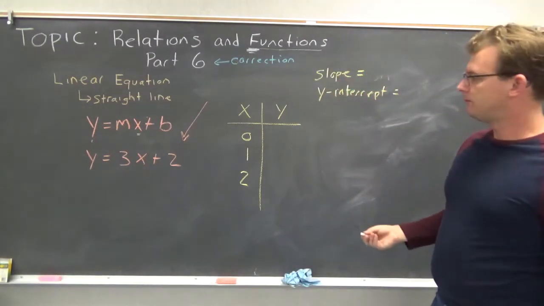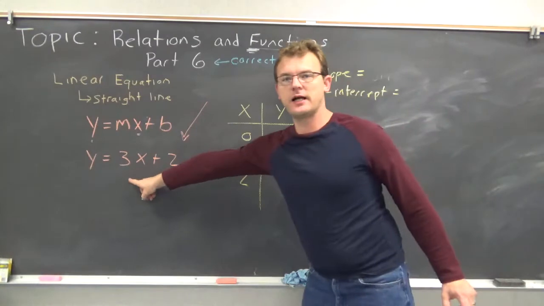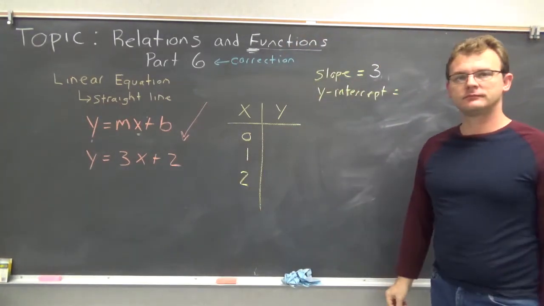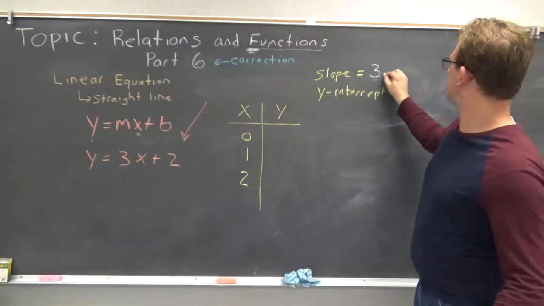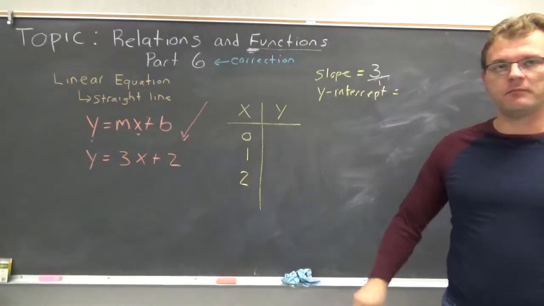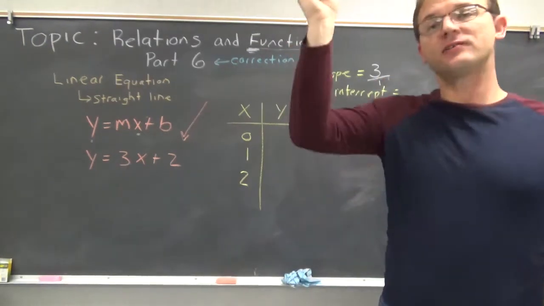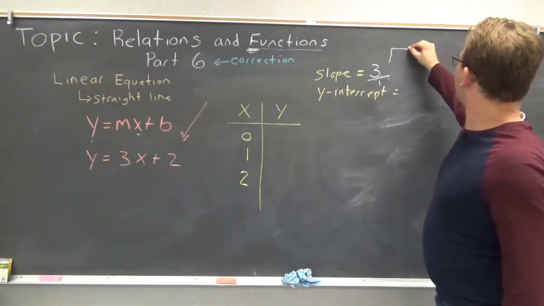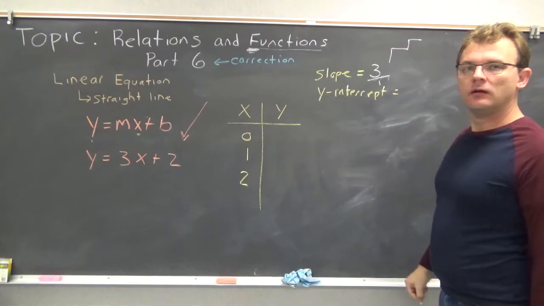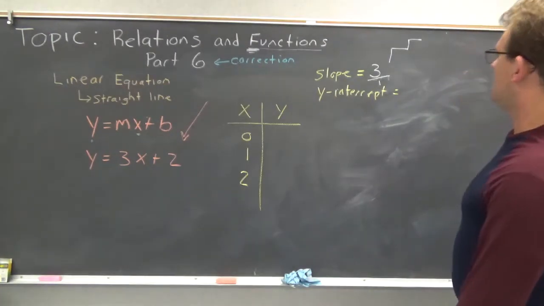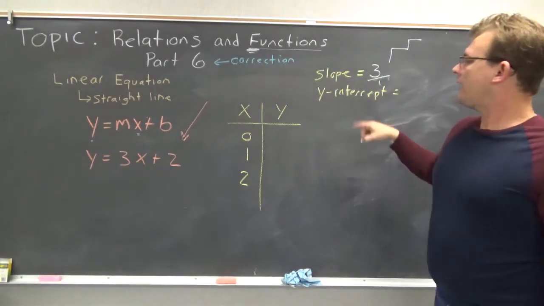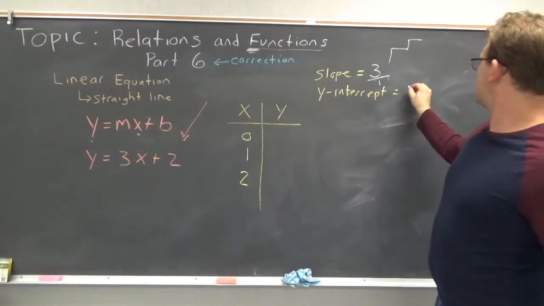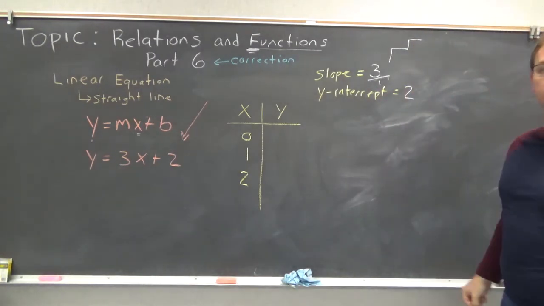So from this guy here, our slope is 3. If you want to, 3 over 1. Remember, it's a fraction. Rise over run. So what's our y-intercept, our b? Remember what our b is? It's 2.